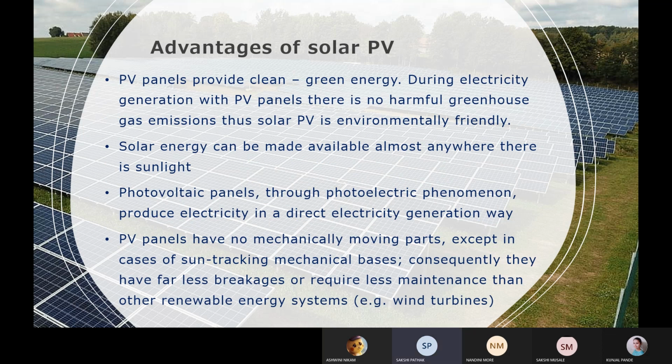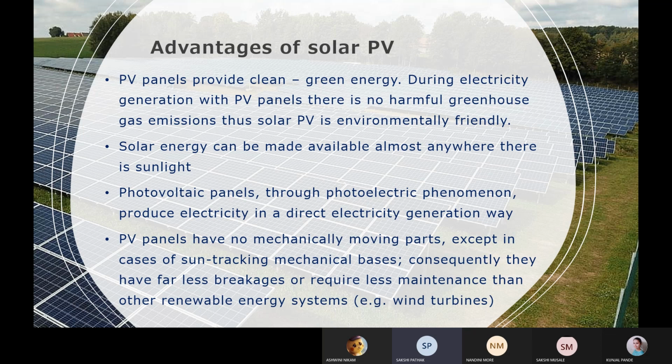Advantages of solar PV. PV panels provide clean, green energy during electricity generation. With PV panels, there is no harmful greenhouse gas emission. The solar PV is environmentally friendly. Solar energy can be made available almost everywhere where there is sunlight.